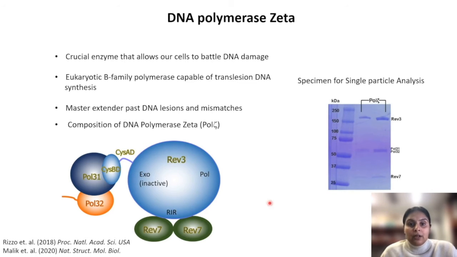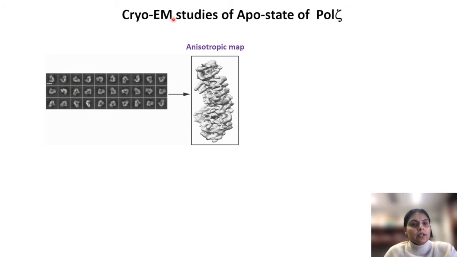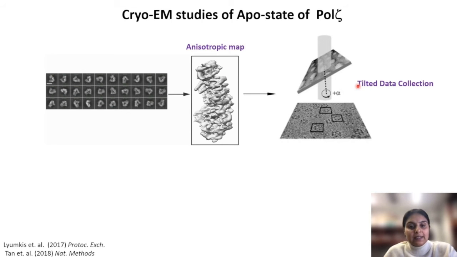So we started off with preparing the sample, and we were able to get a stoichiometric complex of the 4 subunit complex. So we started the Cryo EM studies by initially collecting a 0-degree stage tilt data, and what we were getting from that were these anisotropic preferred maps. So what we tried to do to resolve this problem was basically start tilting the stage, and in this case we tilted the stage to 40 degrees.